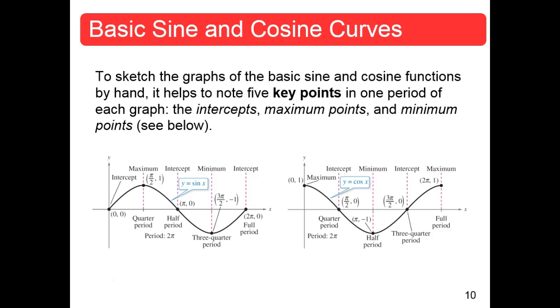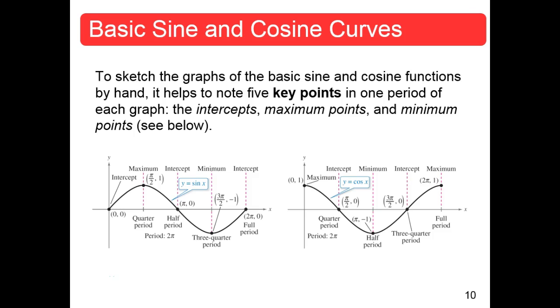sine function. The sine function's x and y intercept is at 0, 0. That's where it starts. It crosses the x-axis here, crosses the y-axis here. Maximum point is at pi halves, 1/4 period, and it's at a maximum of 1.